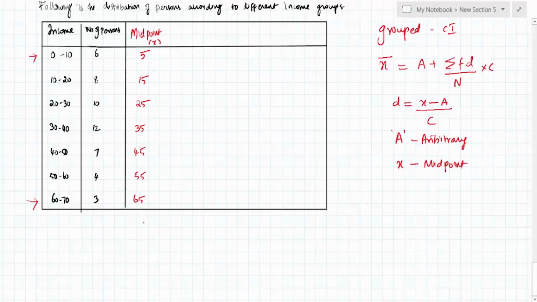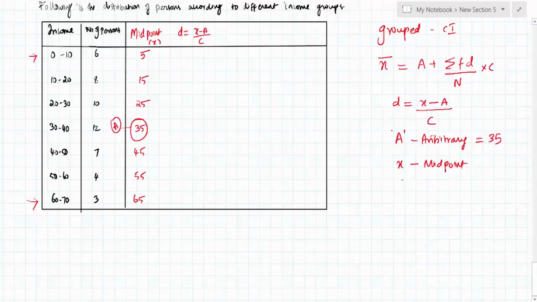Now from midpoint you have to pick one number arbitrarily. Let's say I'm going to pick up 35 as an arbitrary number, and this is going to be my A. So I have A, the arbitrary number, is equal to 35. Then I have to find D. D is nothing but x minus A divided by C. That is, each and every element of x have to be subtracted by A and then have to be divided by C. So what is C and what is x?